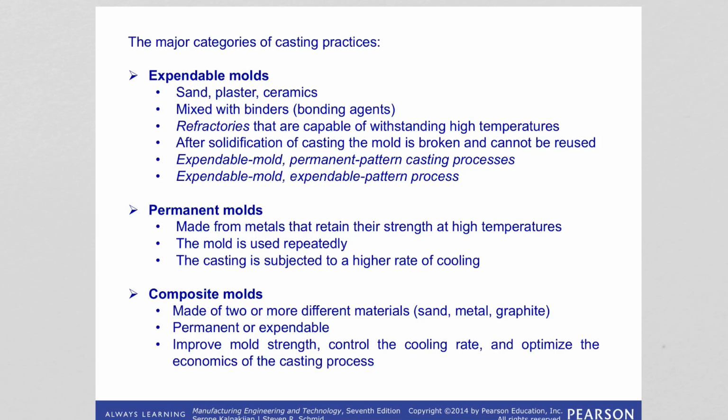They are designed in a way that we can remove the casting easily, because removal is also an important part. You need to be careful in your design that after the casting we should be able to easily remove the part. And this mold is used over and over again.